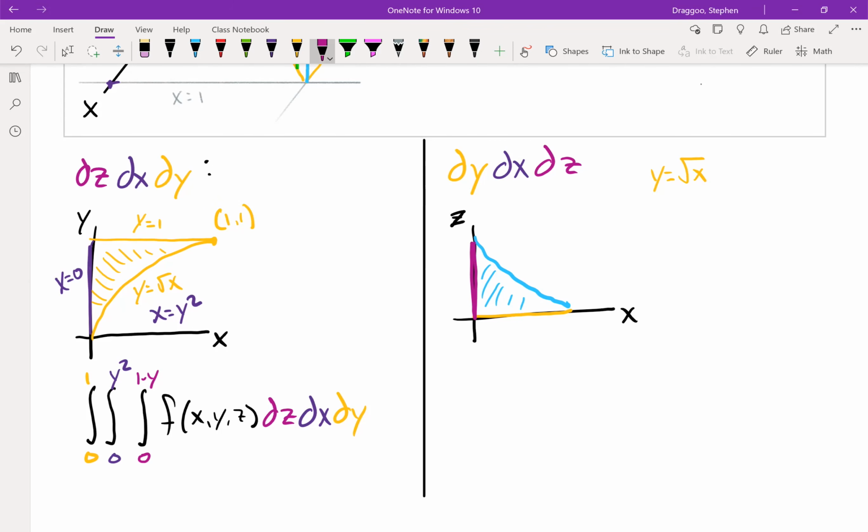We had another pink equation, which, even without rewriting, says z equals 1 minus y, which for the blue line is now going to be 1 minus the square root of x, if we just make a substitution there. If we put that part in yellow, you can sort of see where that's coming from. So that blue line is z equals 1 minus the square root of x. Also, that yellow line should now be z equals 0.